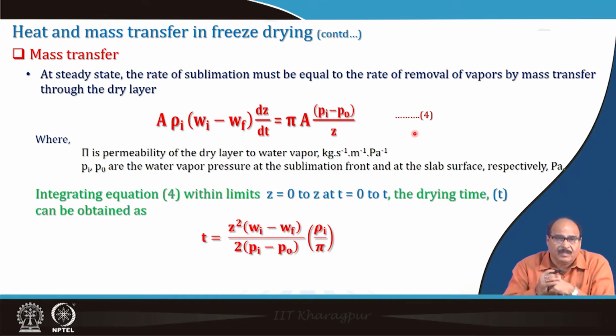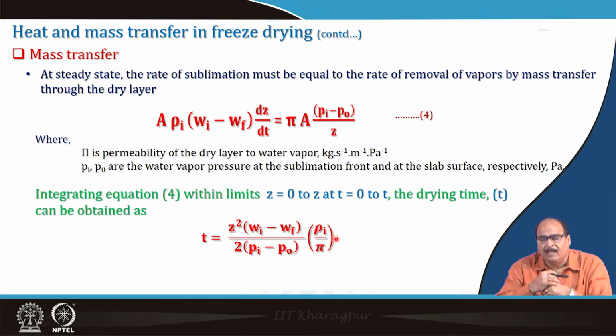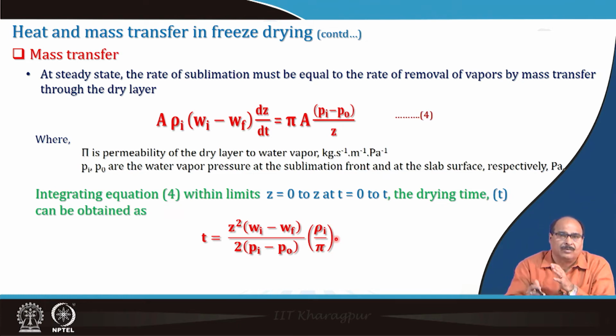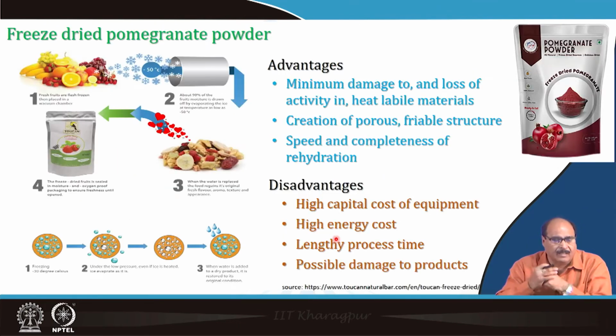Integrating equation 4 within the limits z from 0 to z and t from 0 to t, the drying time t is obtained as t = z² (wi − wf) / 2(pi − p0) times ρI / Π, where Π is the permeability of the dry layer to water vapor, and pi and p0 are the water vapor pressures at the sublimation plane and at the slab surface. So, using this equation you can calculate the drying time.